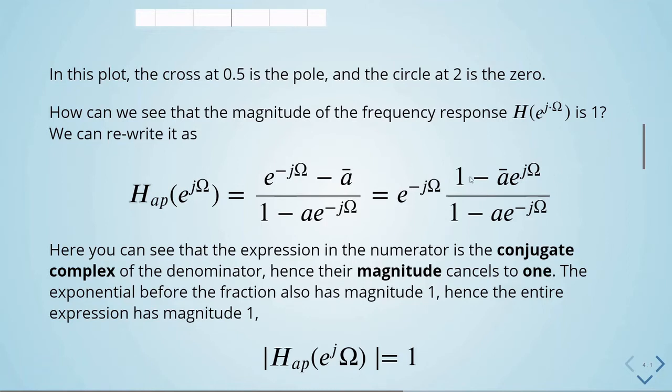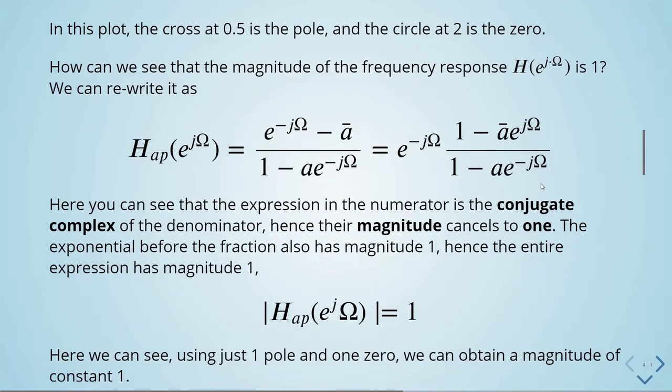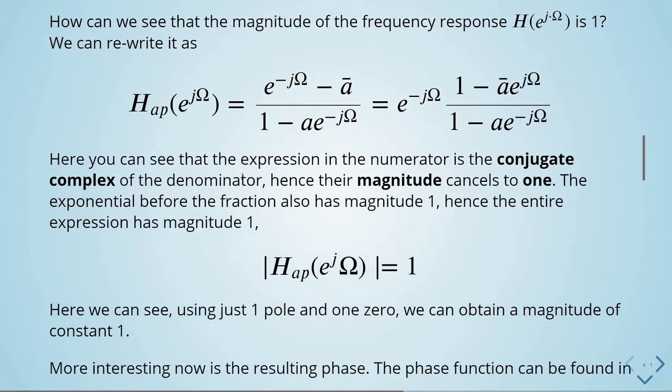We have here that the numerator is the conjugate complex of the denominator, so the magnitude cancels to 1, and overall the entire expression has a magnitude of 1. So the magnitude of this is equal to 1.